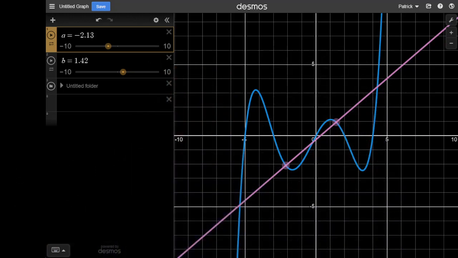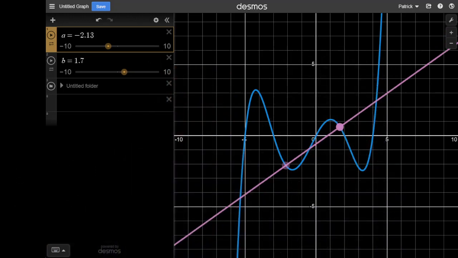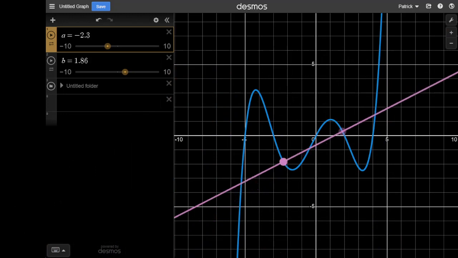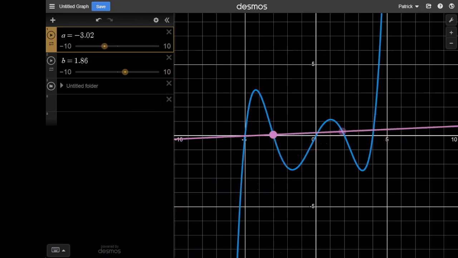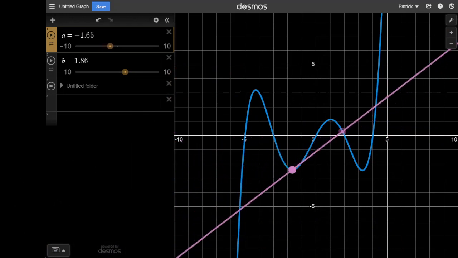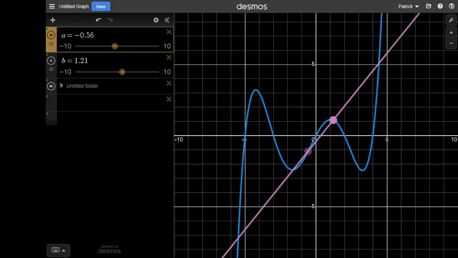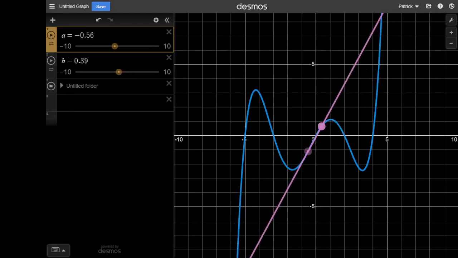If I move the points that I'm studying further apart, the fit gets a lot worse, and it can get pretty terrible pretty quickly. But if I move those points close to x equals 0, the fit gets pretty good.